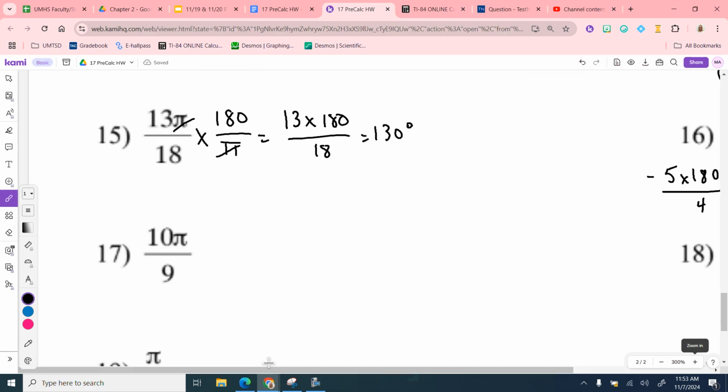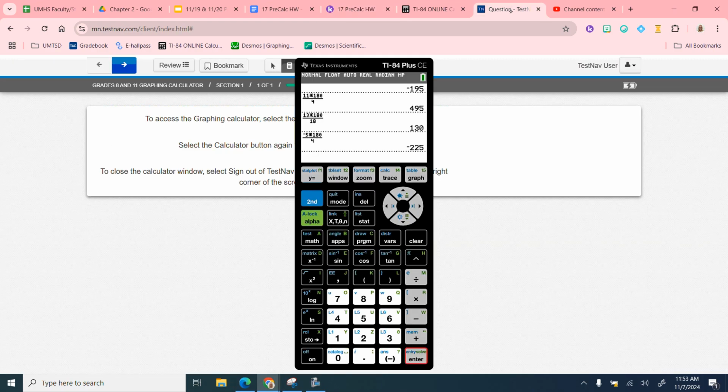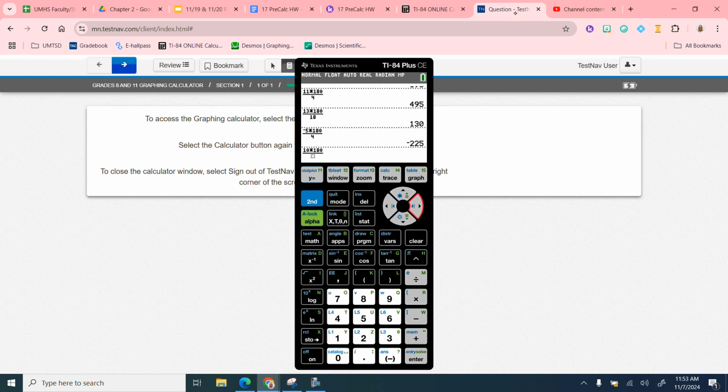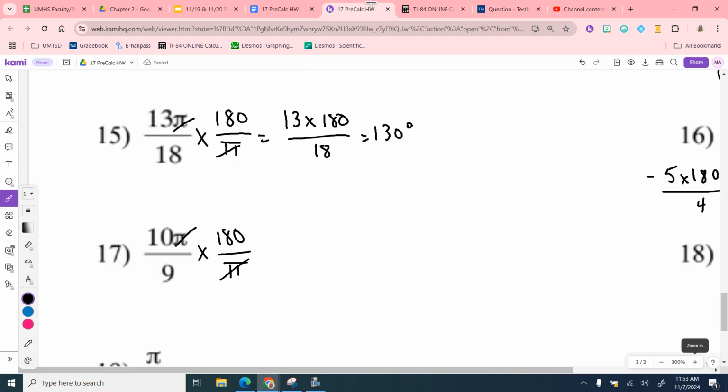And here, times 180 over pi. Pi's cancel. Times 180 divided by 9. You get 200 degrees. I forgot to write that out. I'm sorry. 10 times 180 over 9 gives you 200 degrees. Sorry about that.